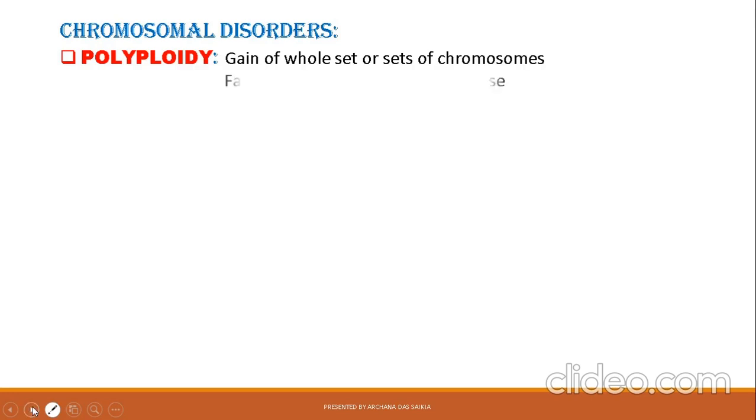It happens due to failure of cytokinesis after telophase. During telophase, what happens? The chromosomes have got distributed, that means the chromosomes have moved to the 2 poles. It should be followed by cytokinesis, the separation of the 2 sets of chromosomes into 2 individual cells.